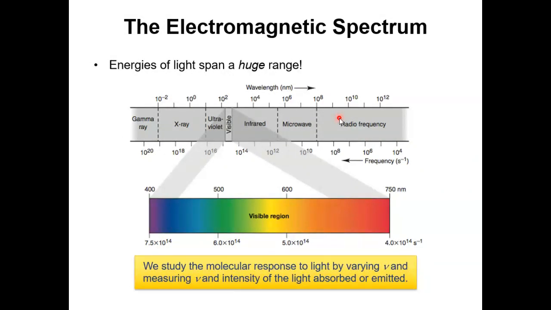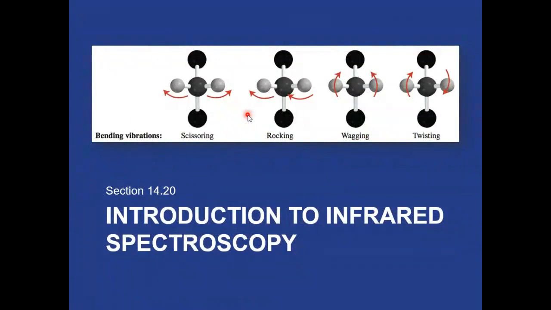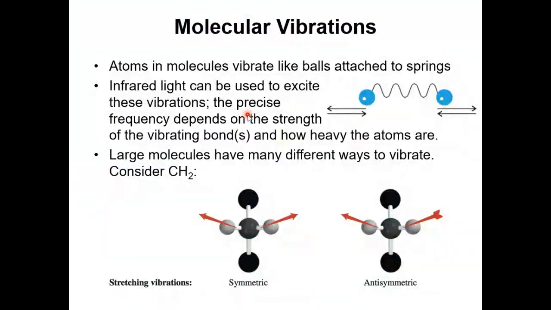Now, if we are sending infrared waves through our sample, and if some infrared photons are absorbed, that is because there are different energy levels due to the vibration of molecules.